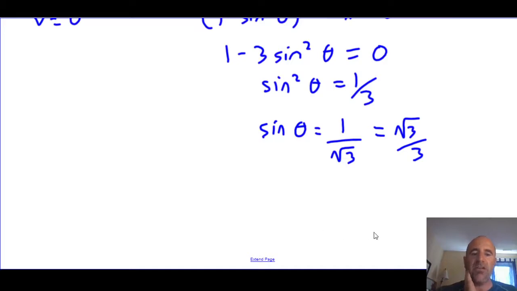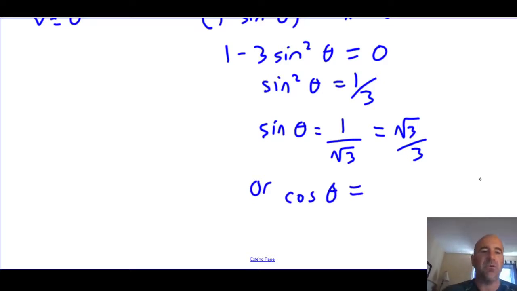And we need to think about, well, what is cosine of theta equal to when that happens? So we could say cos theta equals, and what we do here is think about a little triangle, just like before. So sine theta is 1 over root 3. Then this value here is something we can figure out, just using the Pythagorean theorem.